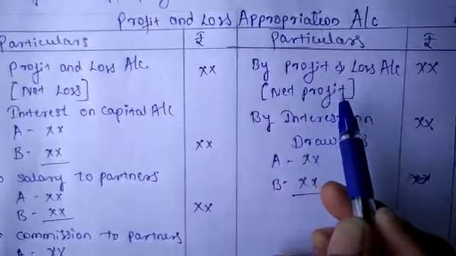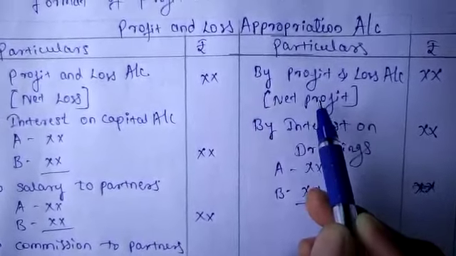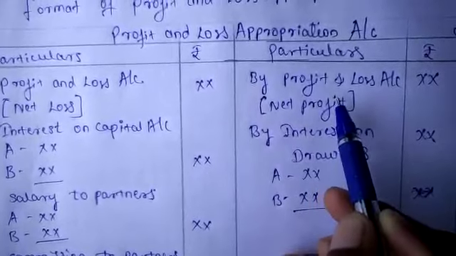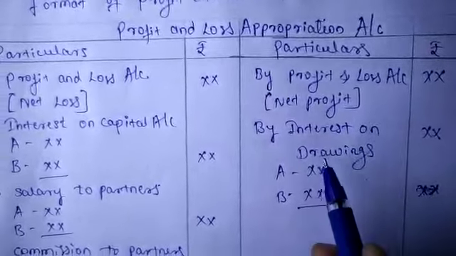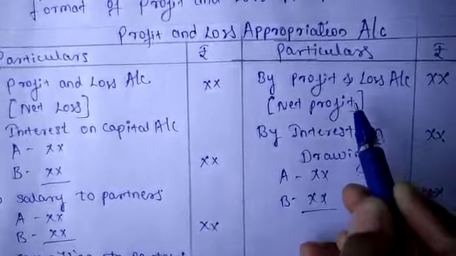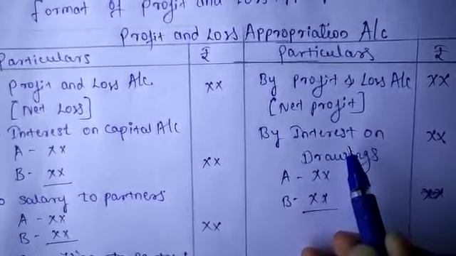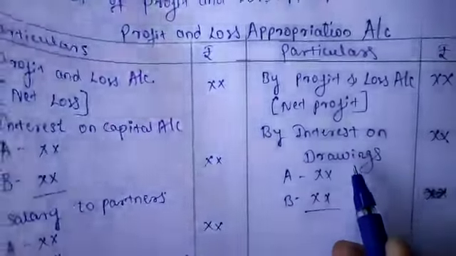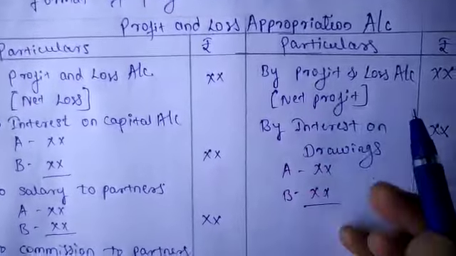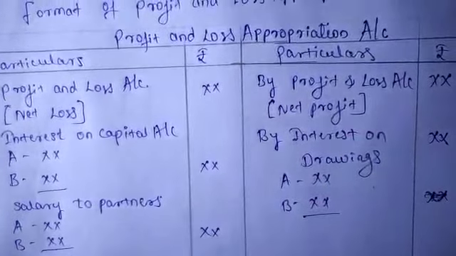The net profit from the P&L account is entered on the credit side of the P&L appropriation account. This entry is for net profit. Next one, interest on drawings. These two are compulsory entries, and only these two entries are recorded on the credit side of the P&L appropriation account. These are the total incomes of the firm.